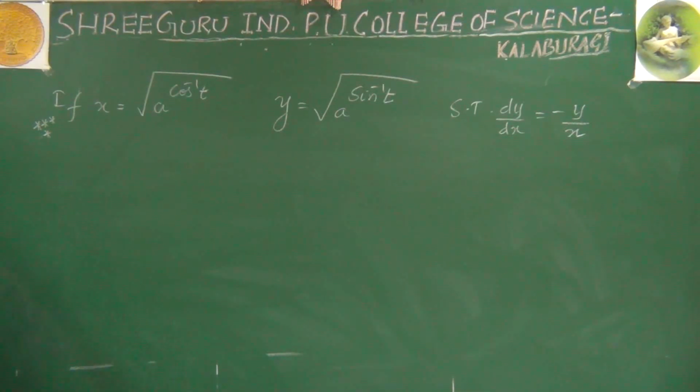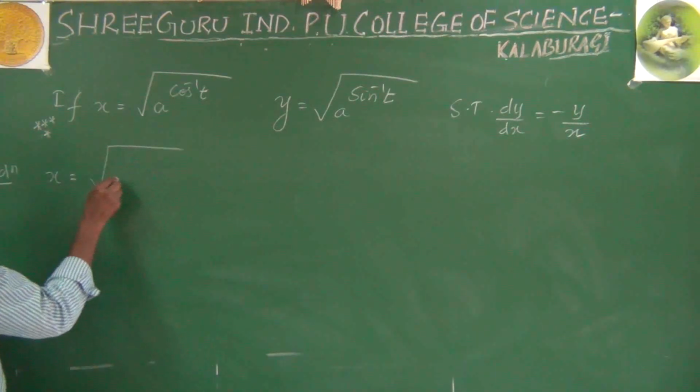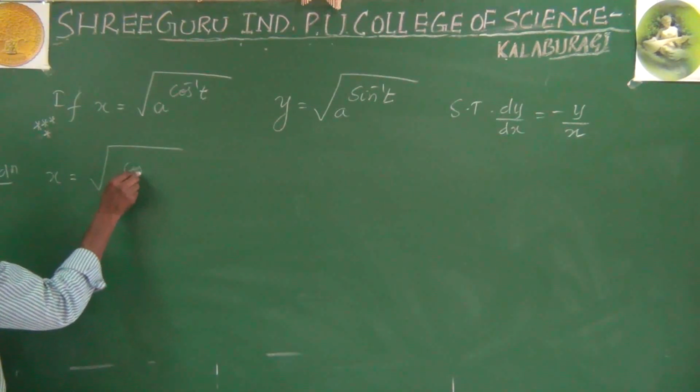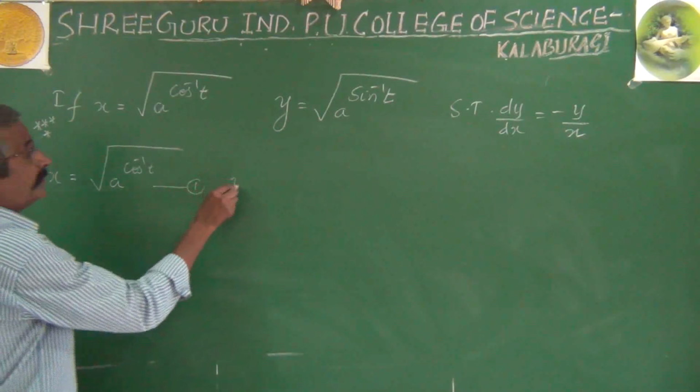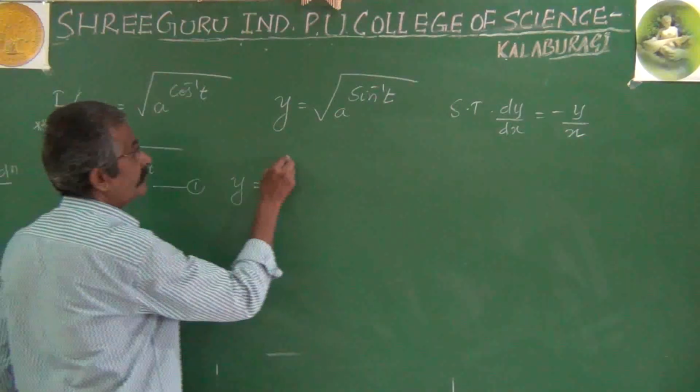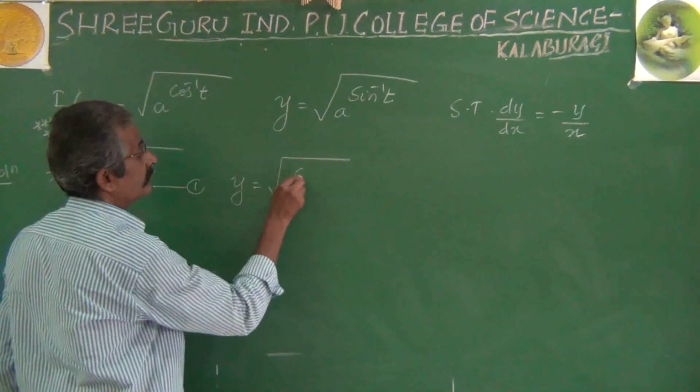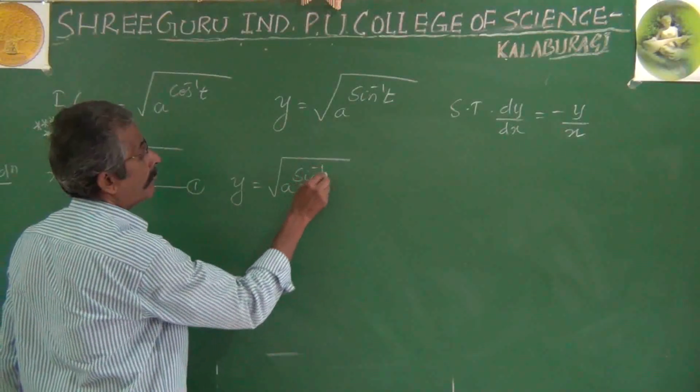Like this we can proceed. Consider the given parametric equations: x equals root of a to the power cos inverse t, call it 1; y equals square root of a to the power sin inverse t, call it 2.